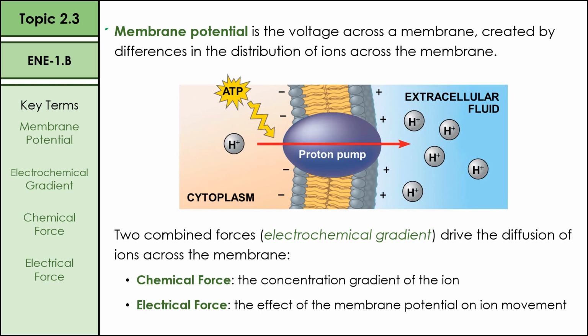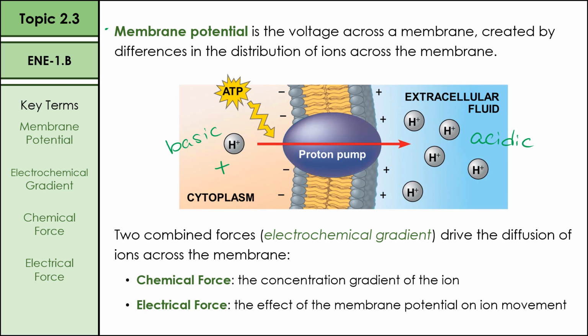Membrane potential is the voltage that we have across a membrane, created by differences in the distribution of ions. Most of the time, we are going to be considering hydrogen ions, which have a positive charge. When we have more hydrogen ions on one side, we are more acidic. When we have fewer hydrogen ions on one side, we are more basic.